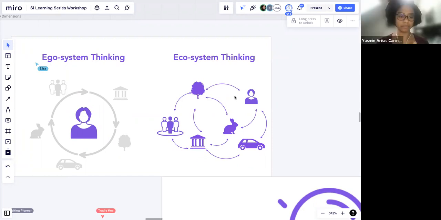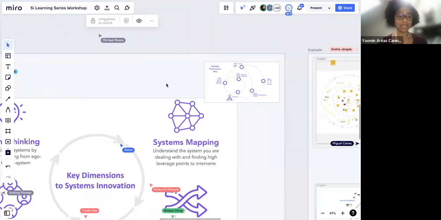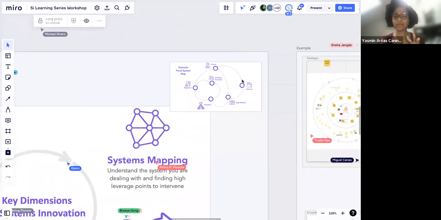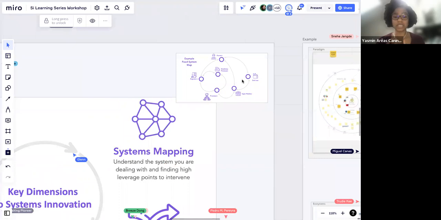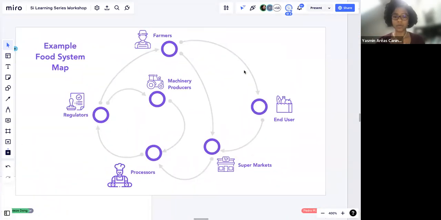Yeah, exactly. And that leads to the second dimension that we have here, which we call systems mapping or systems inquiry. Now that we've reframed the way we look at the challenge, it's the moment to understand and map out the system as a whole. Here we want to observe before we do any type of action.